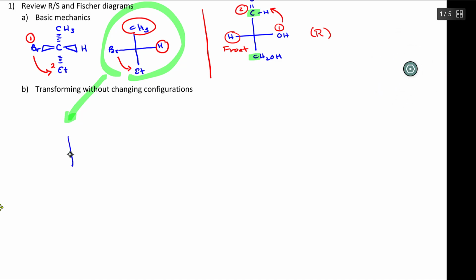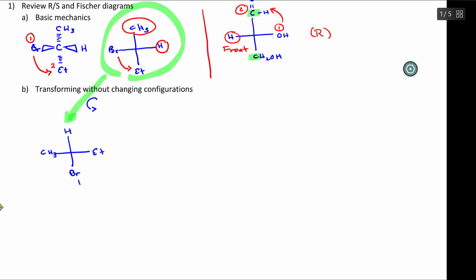So in other words, I'm going to go like this, and then I'm going to rotate it in this direction. And so I'm going to put the CH3 here, put the Br here, I'll put the Et here, and then I'll put the H up here.